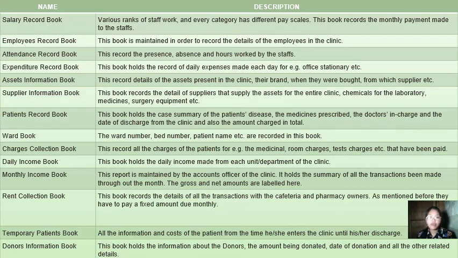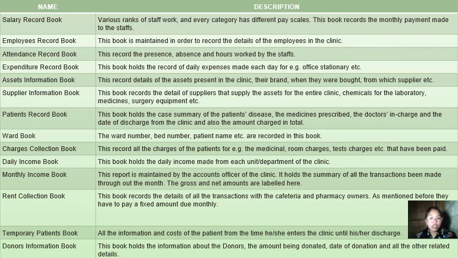All payments from patients, the cafeteria, and the pharmacy are made to the cashiers, who report daily to the accounts officer, who generates a monthly report at the end of the month and records the information in the monthly income book.